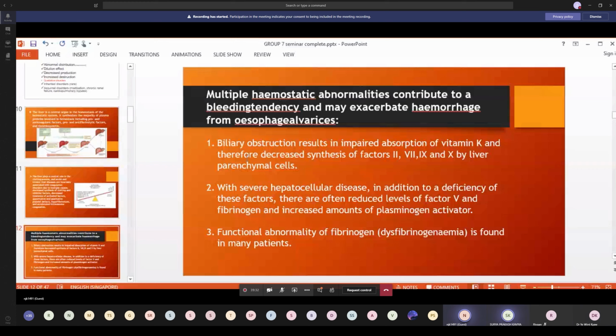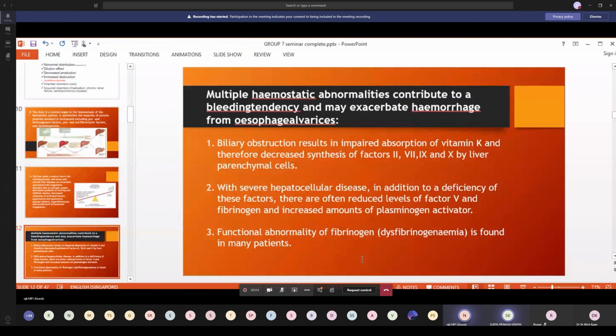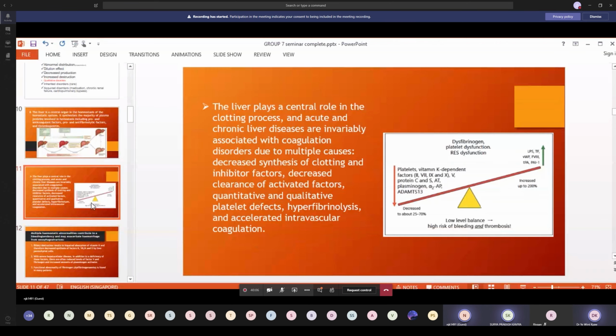We can read here that biliary obstruction results in impaired vitamin K absorption, and then decreased synthesis of factor 2 and the other numbered factors. Then severe hepatocellular disease also causes deficiency of these factors and often reduces the level of fibrinogen. When you mention deficiency, that means it goes down, decreases. And dysfunctional fibrinogen is found in many patients.